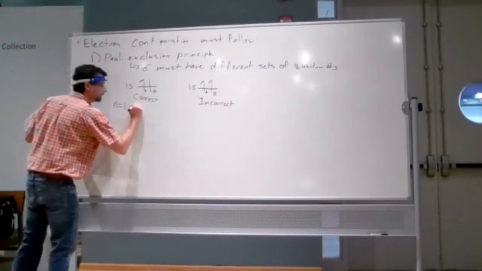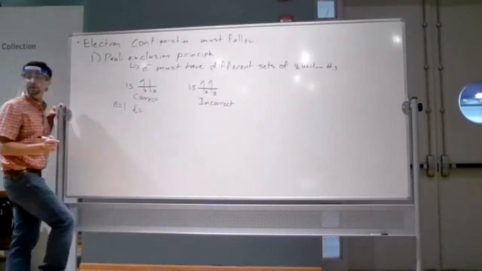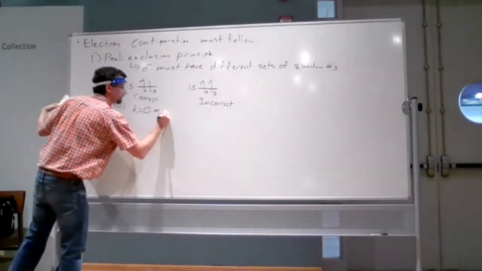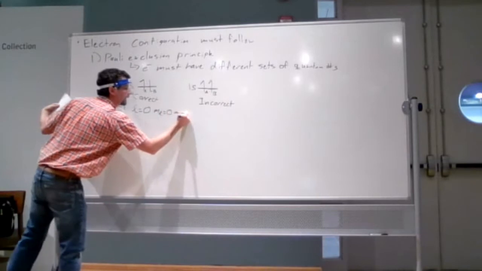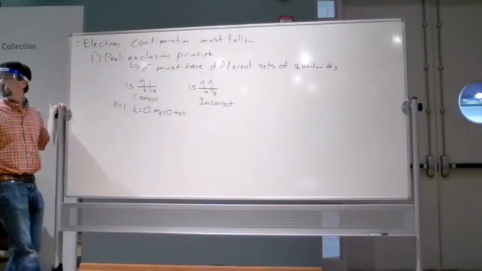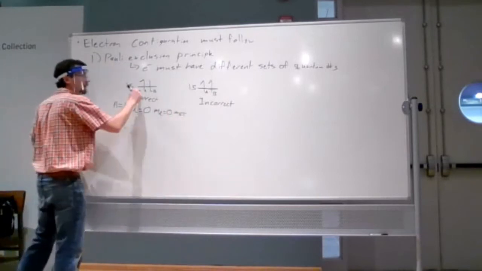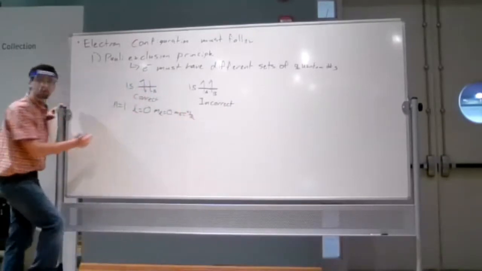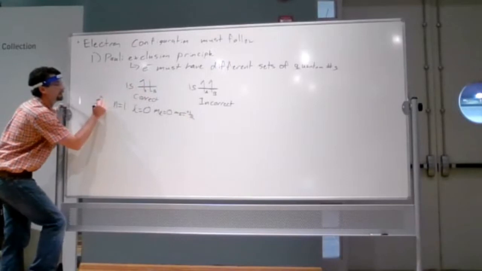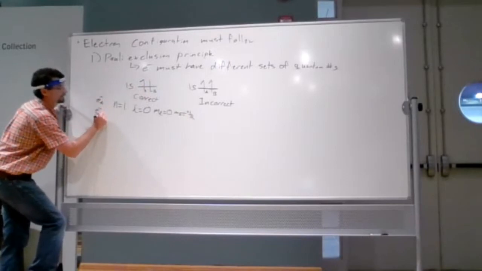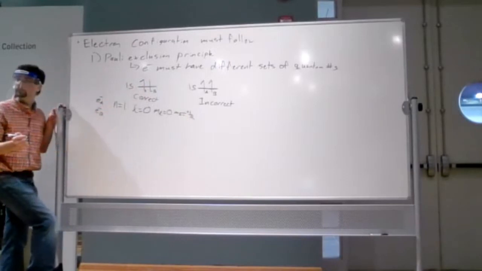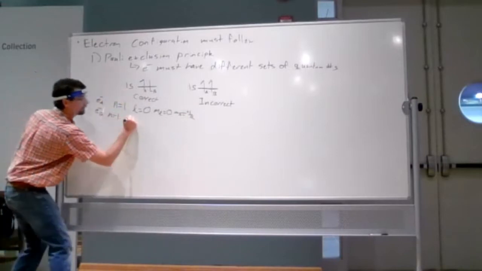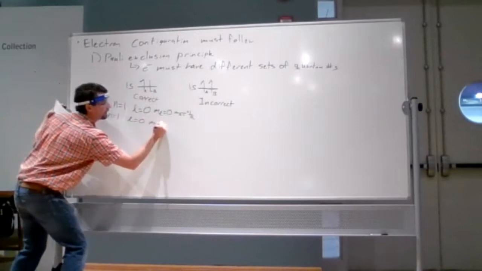What's my L value, being in an s orbital? 0. What's my m sub L value? 0. What's my m sub s value? Sure, we could be negative or positive. I like up being positive 1/2. So this is for electron A. What about electron B? On this side. Yep. M sub L?